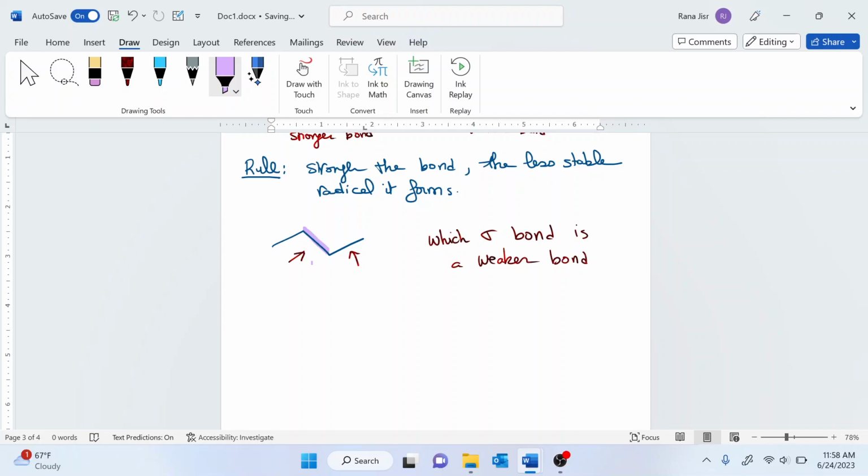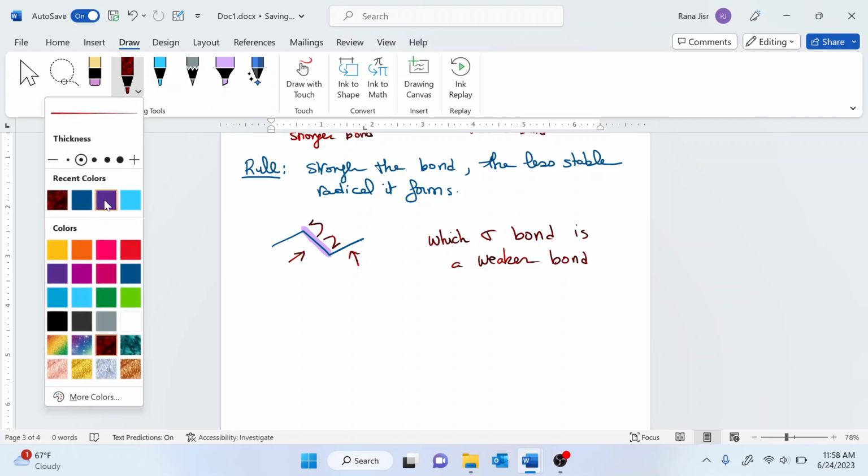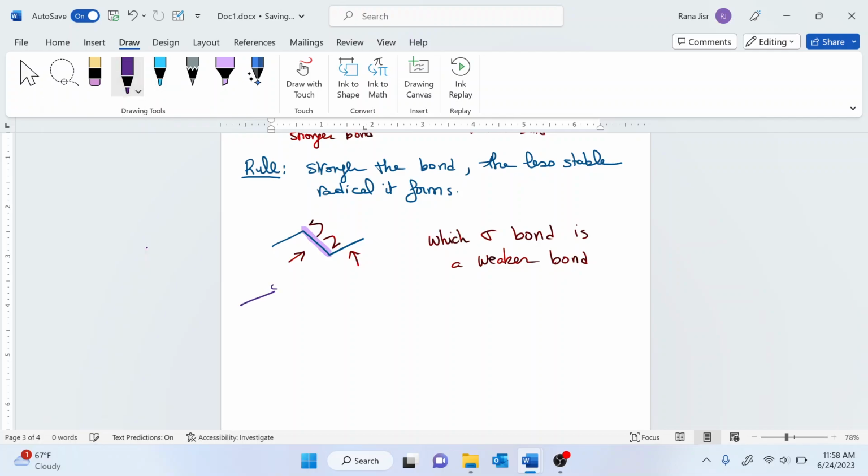So over here, locate the first sigma bond and do homolytic cleavage and generate the radicals. You can easily see that I am forming two primary free radicals. Now, a primary free radical is not stable at all, and normally it doesn't form.